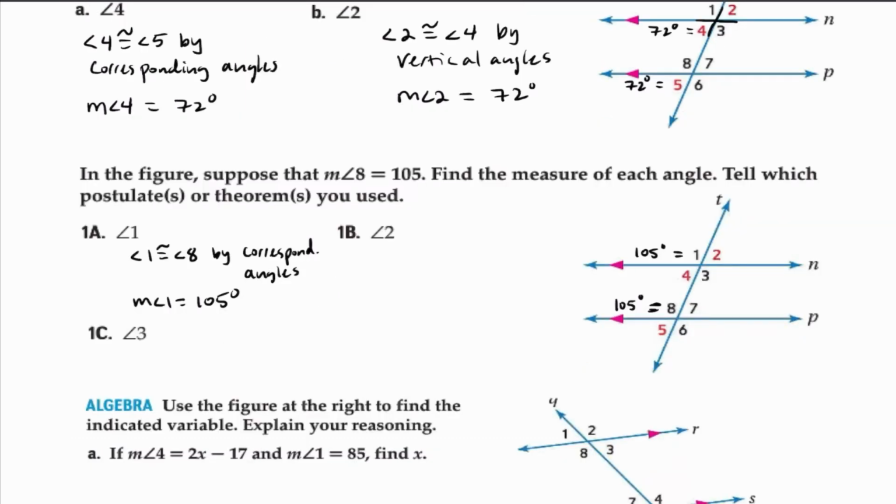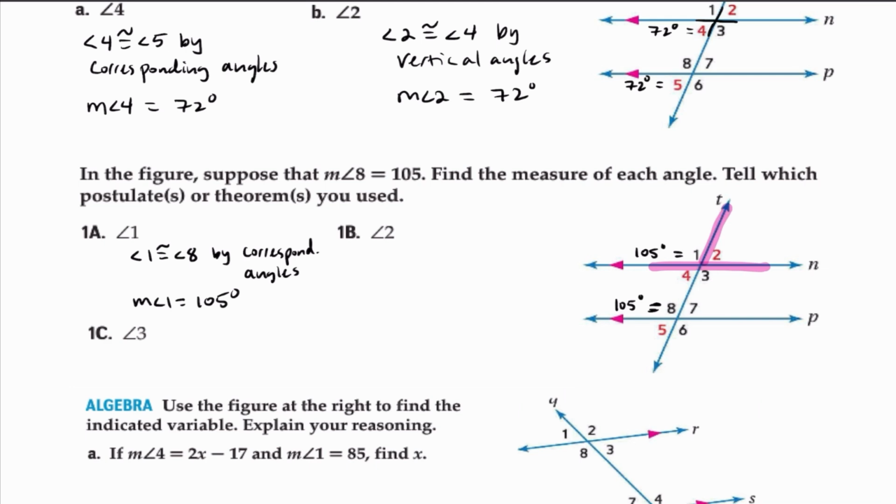Okay, so let's move on to 1b. Find the measure of angle 2. Angle 2 is located right here on our diagram. And we're going to need our pink sheets to answer this. We have the measure of angle 1, which is 105 degrees, and the measure of angle 2 is something. That's what we're trying to figure out here. Well, if I look at these two angles, they form a linear pair, meaning these two angles add up to 180 degrees.